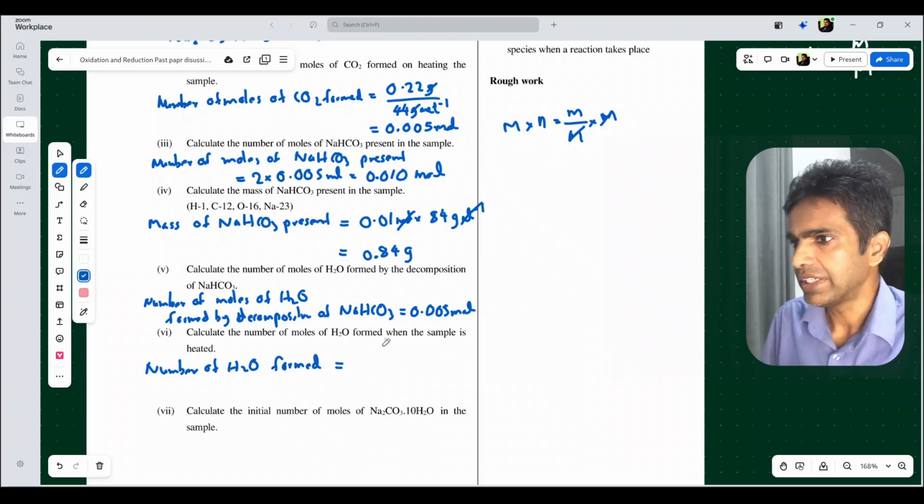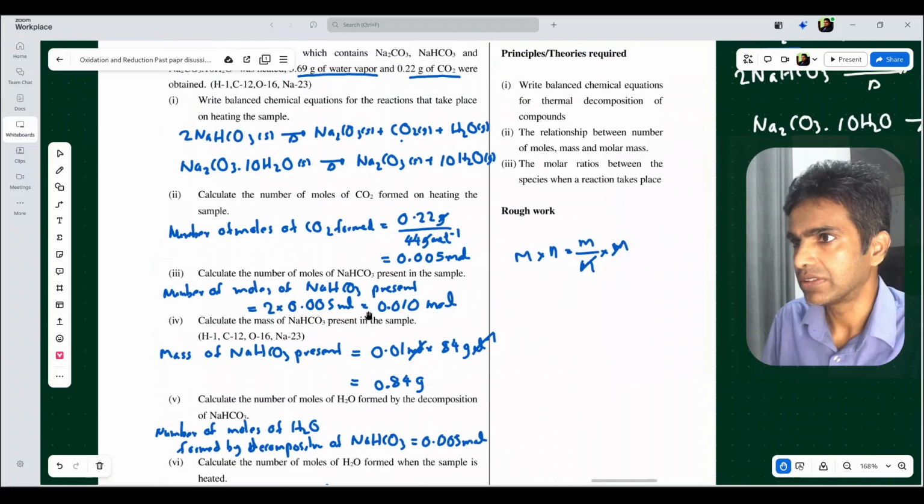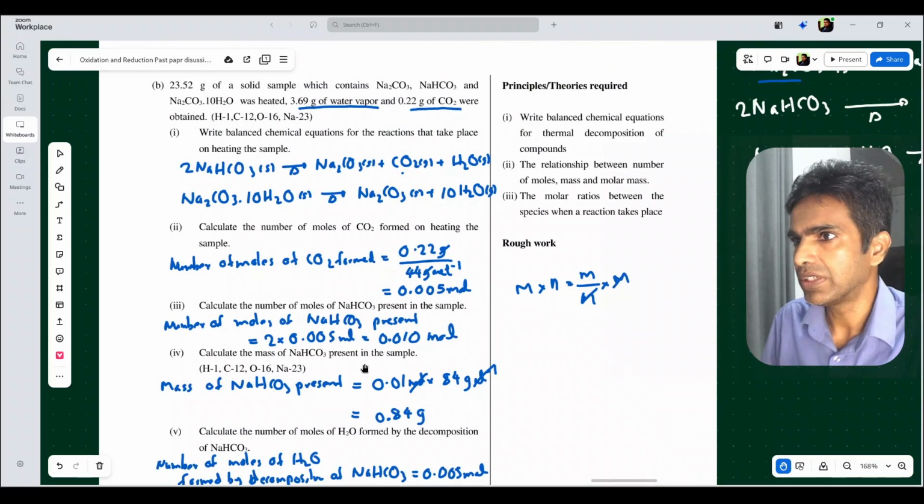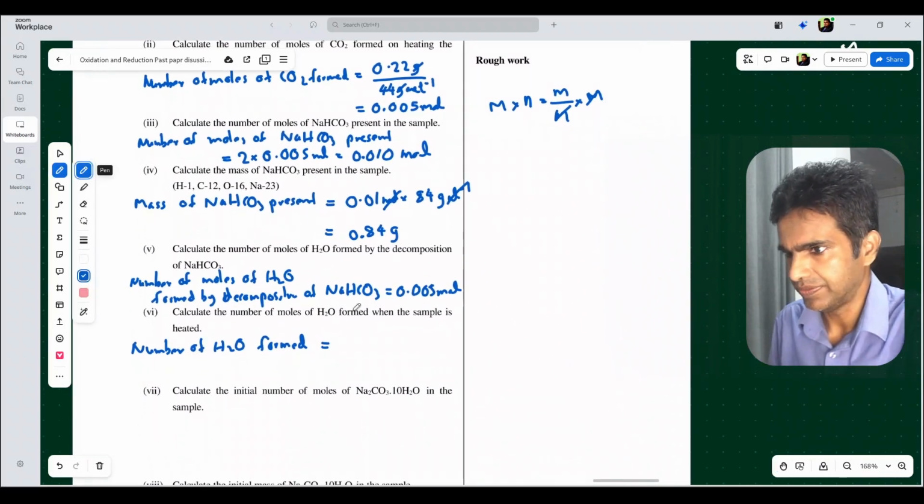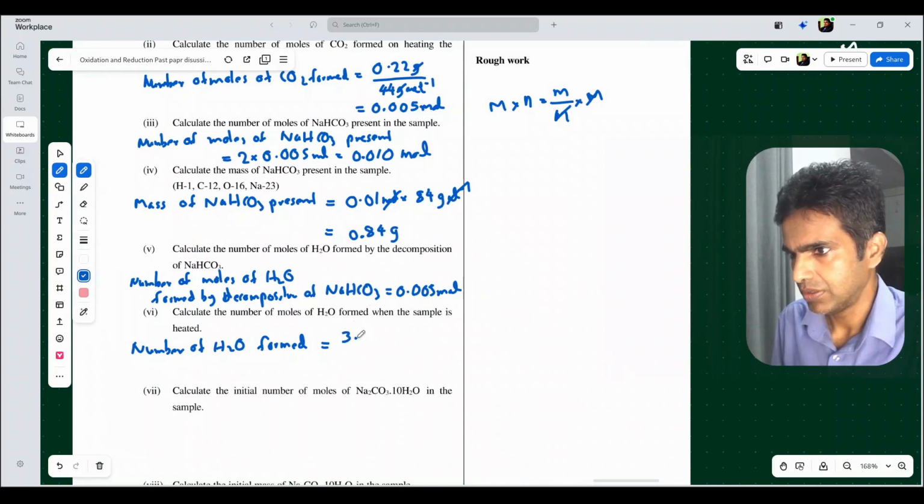So how to calculate that? Mass over molar mass. Mass of water vapor 3.69 grams over molar mass of water. It is 18 grams per mole.